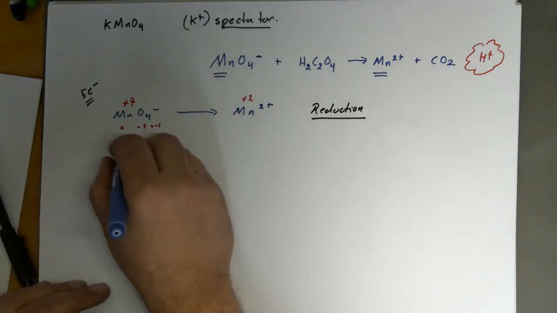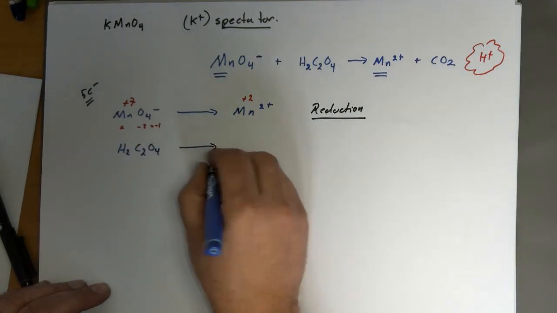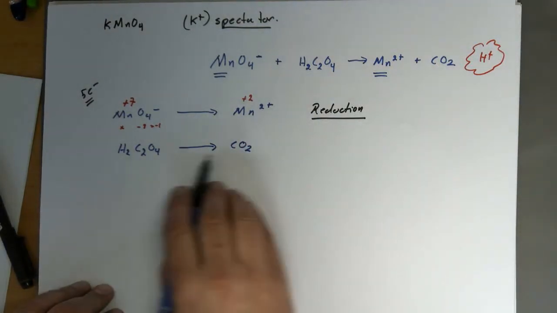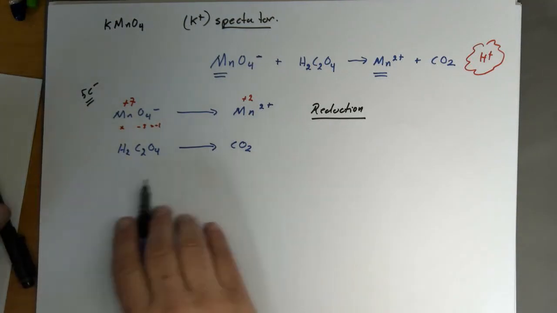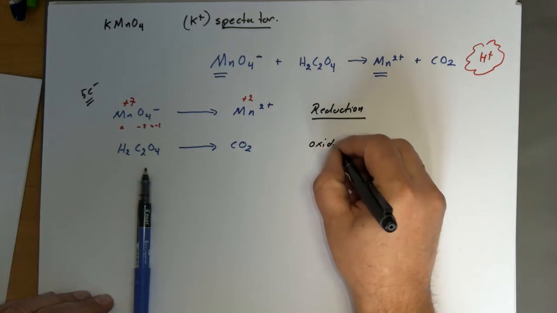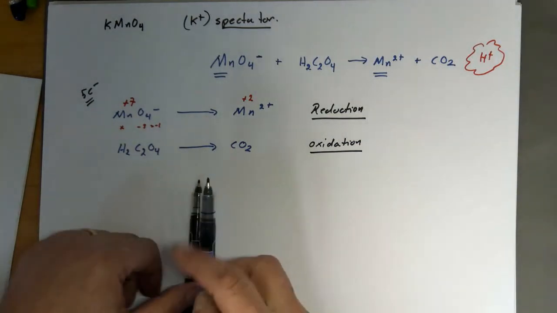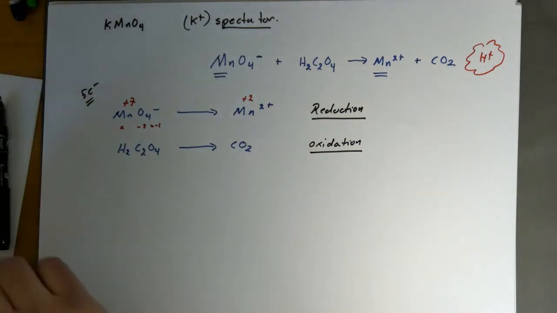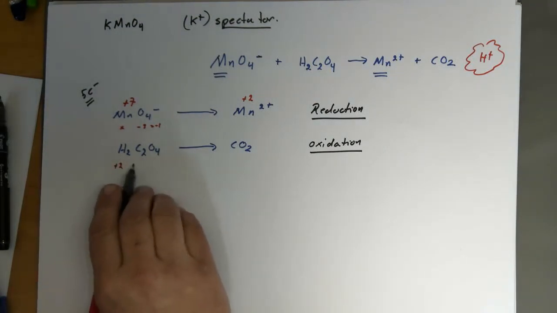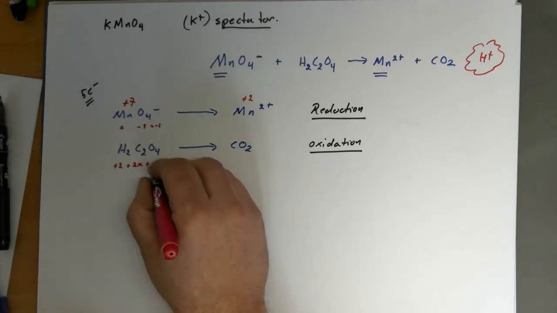Then technically we don't really need to figure out what's going on in the second one, but we'll do it for practice anyway. Here we have oxalic acid, H2C2O4, plus CO2 makes CO2. In this case, it is an oxidation. And we know this if we look at it by quickly doing the calculation. We can say that this is plus 2, because it's hydrogen, it always makes a plus, right? And then we have plus 2x plus minus 8.